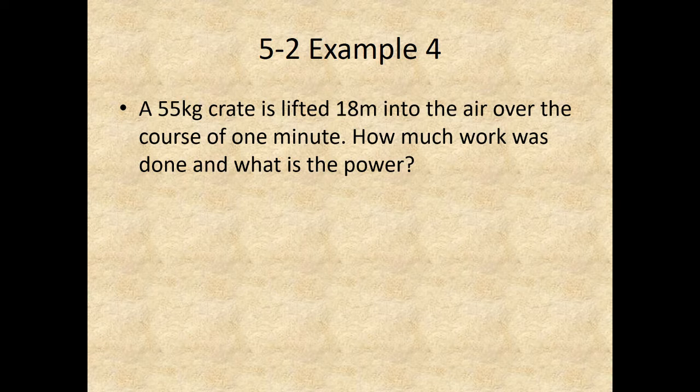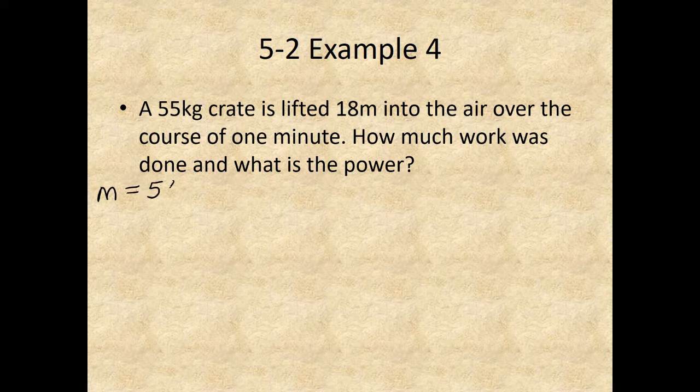Now we're going to start bringing in some power. A 55 kilogram crate is lifted 18 meters into the air over the course of 1 minute. How much work was done, and what is the power? As before, the first step is always state your givens.